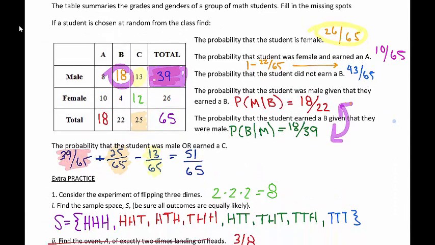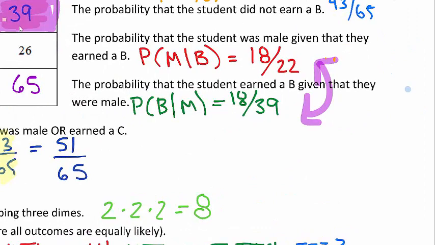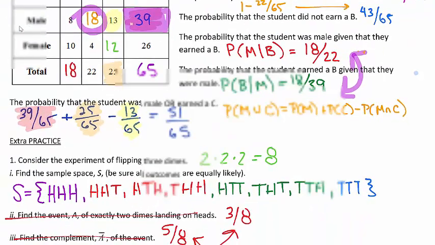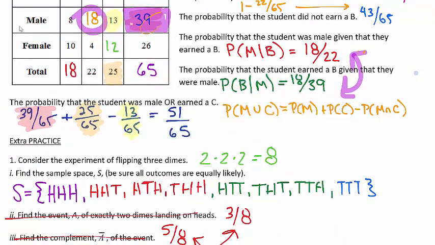Lastly, what is the probability the student was a male or earned a C? You could use this formula: the probability of male or C is the probability of male plus the probability of C minus the probability of male and C to take out the overlap. So the probability of male was 39.